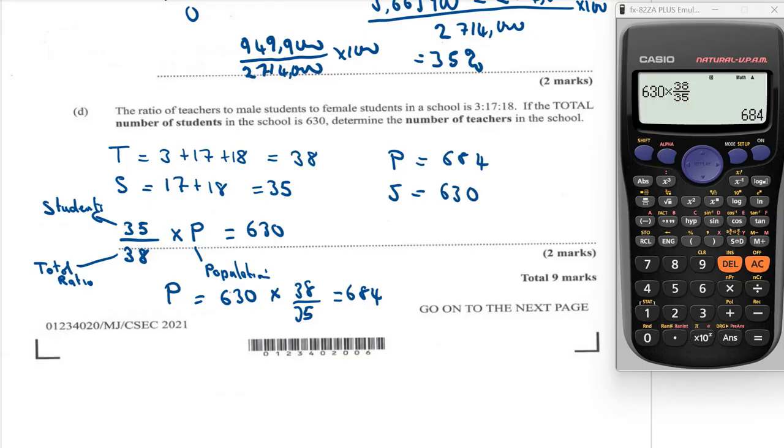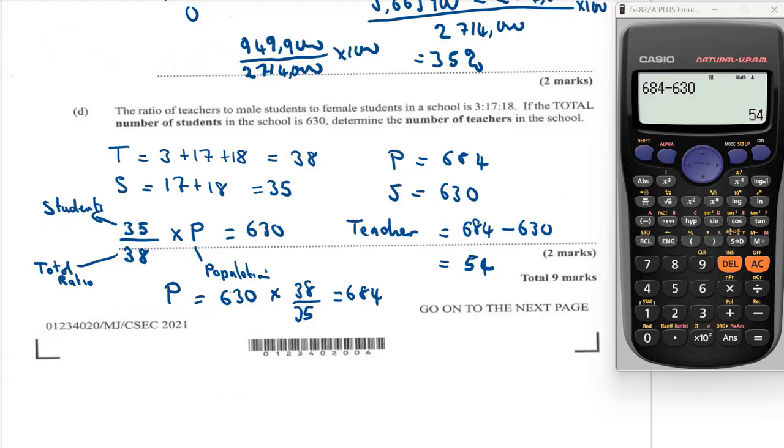then that means the number of teachers in the school is equal to 684 minus 630. That is going to give me 54. So the number of teachers in the school is 54.